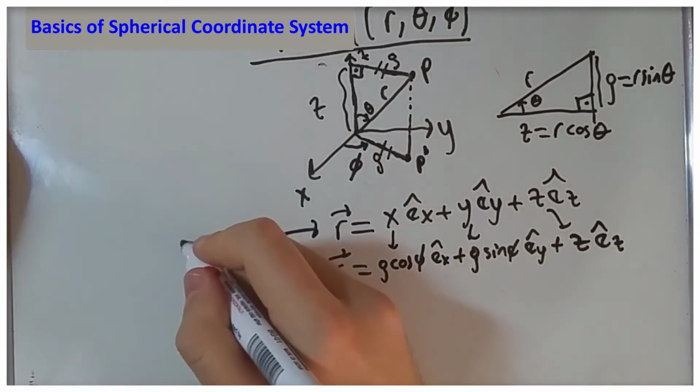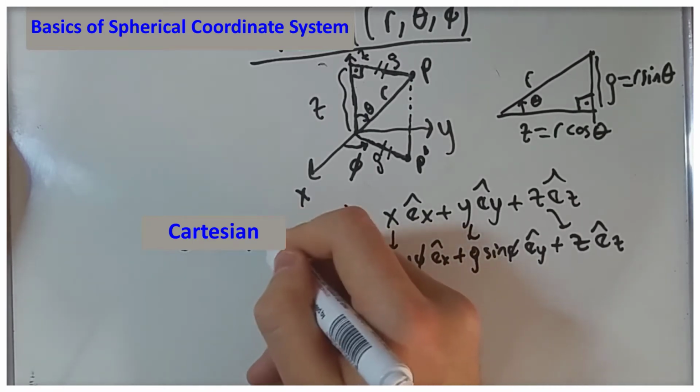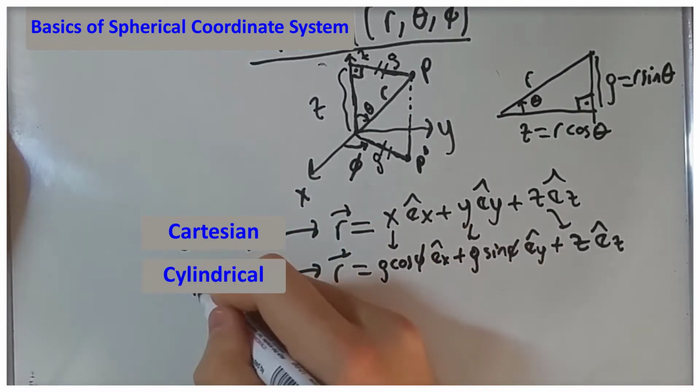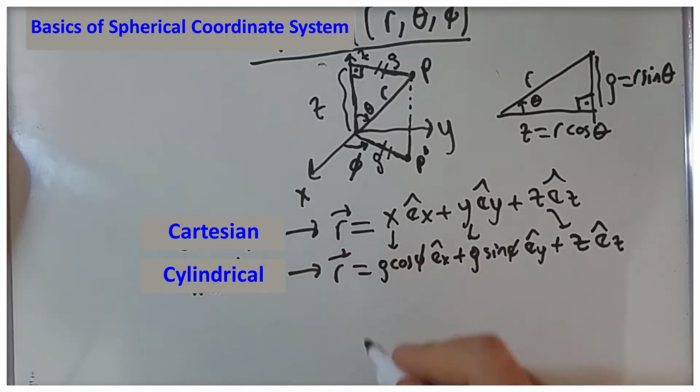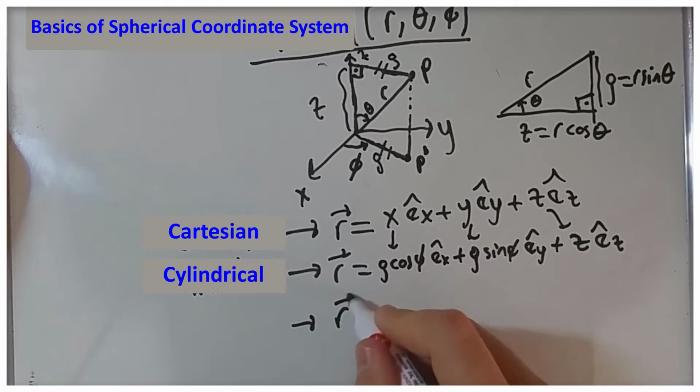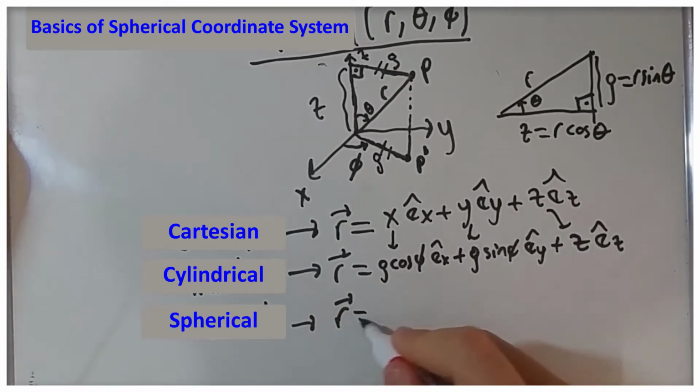So that was Cartesian to cylinder; now look how I'm translating it into a sphere.